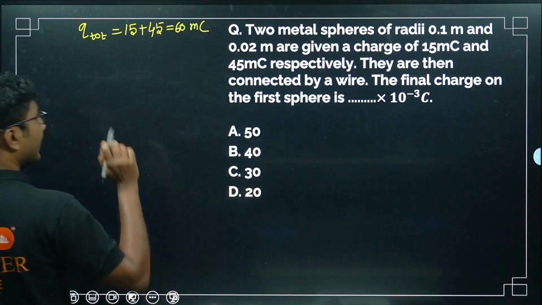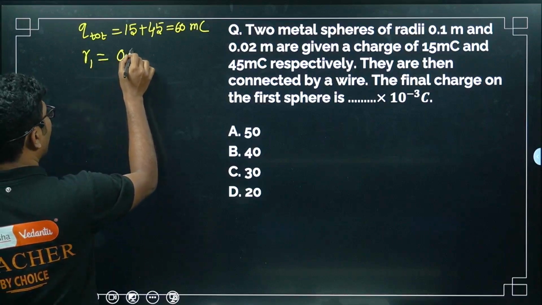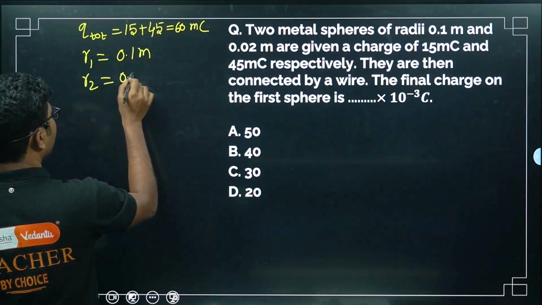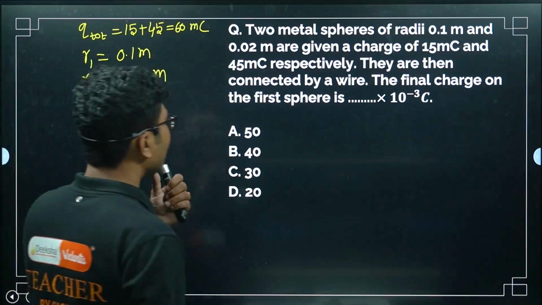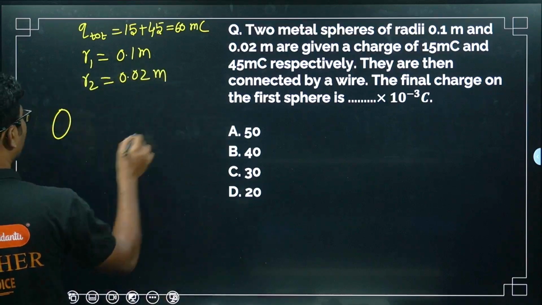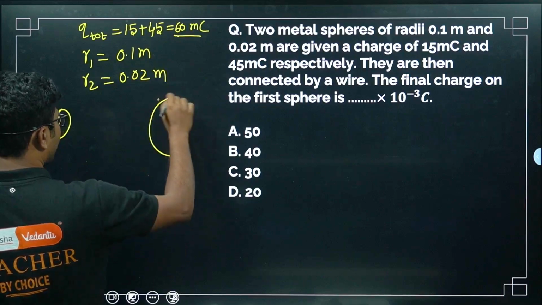And one radius is 0.1 meter and another radius is 0.02 meter. They are then connected by a wire. So they have a total charge, as I already calculated, of 60 microcoulomb. One is smaller, another one is slightly bigger.